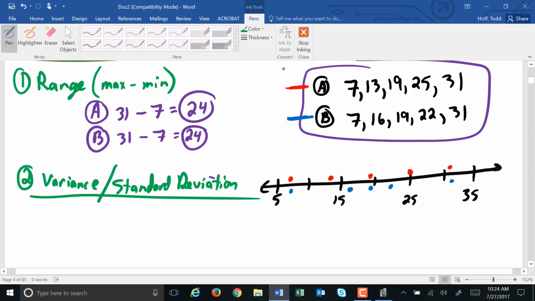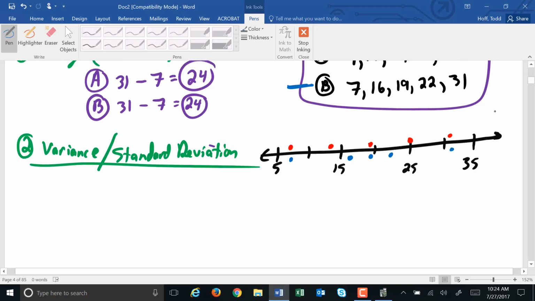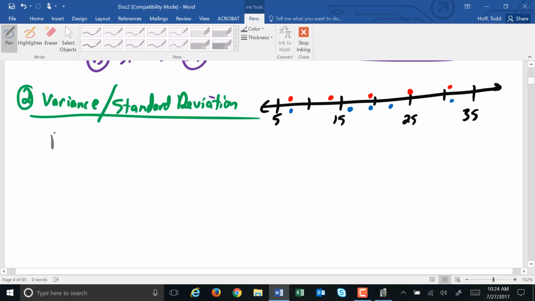The formula for variance or standard deviation, they are slightly different. Depends on whether we're looking at a population or a sample. If it's a population, the standard deviation has a symbol that looks like that.